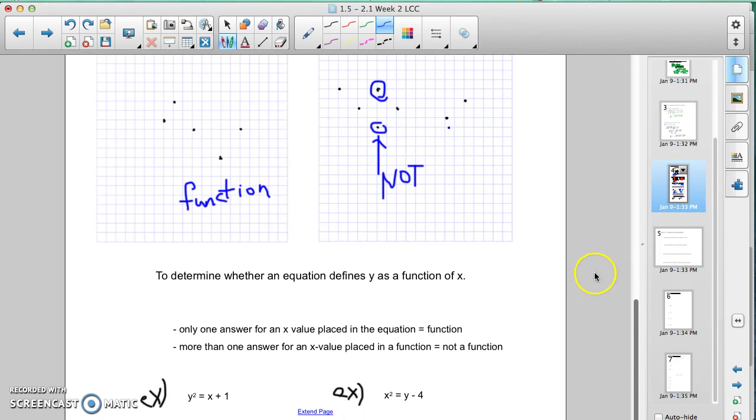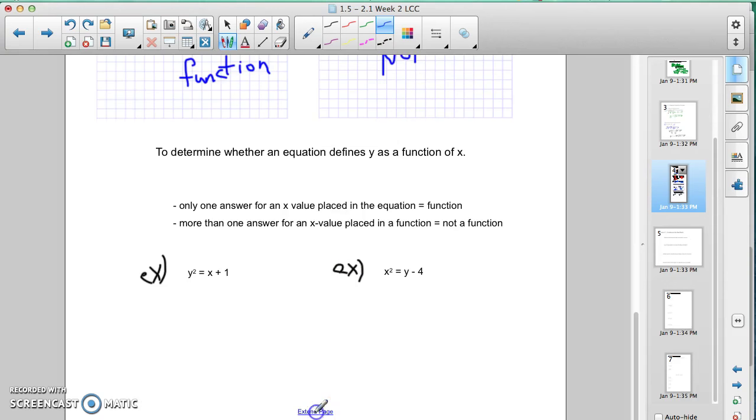Okay. And the final thing here on this part is to take an equation and determine whether it's a function of y. So we're looking here at determining whether an equation defines y as a function of x. That means if we put an x value in there, we should only get one y, only one answer for every x value.